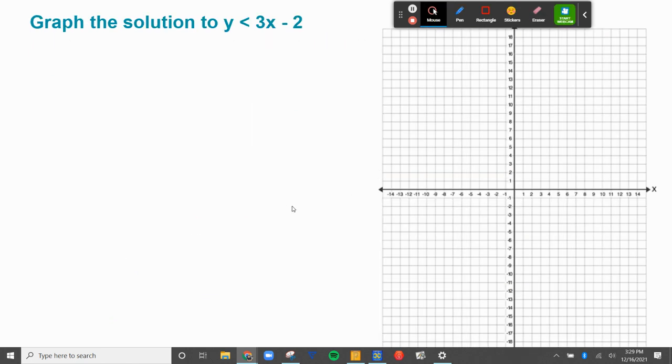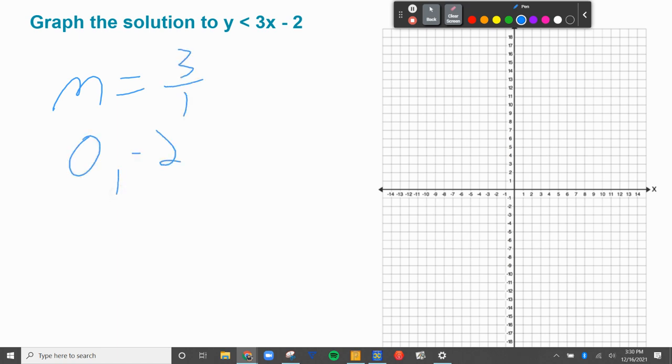Here we want to graph the solution to y is less than 3x minus 2. We have our mx plus b. Our slope is 3 over 1, and our y-intercept is going to be 0, negative 2. Starting at 0, negative 2, we have a point. With our rise 3 and run of 1, we can count 1, 2, 3, over 1, 1, 2, 3, over 1.